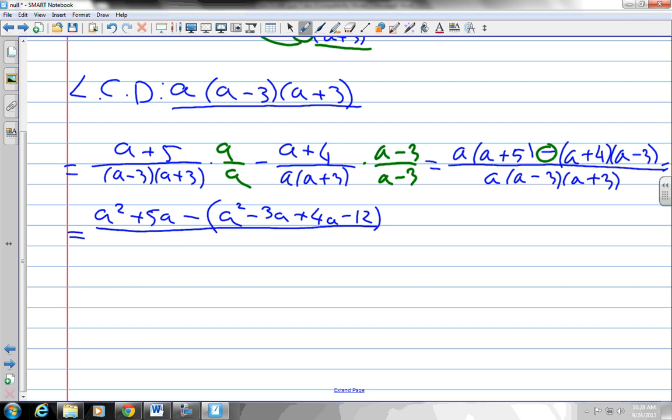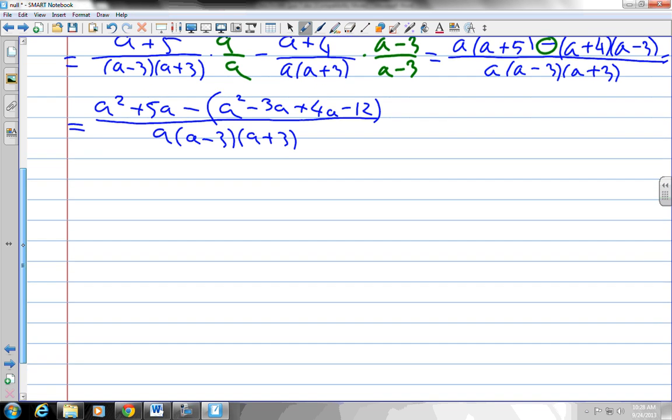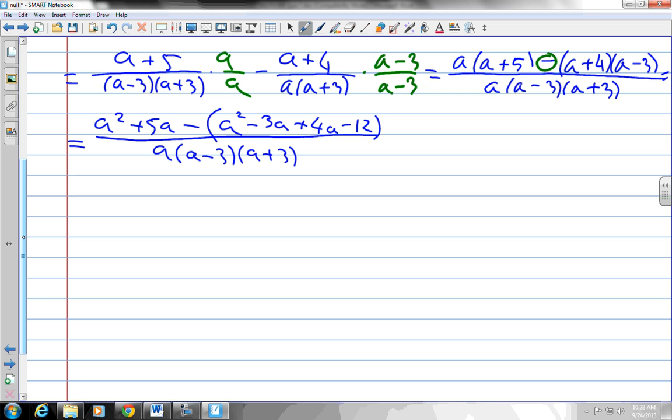All over, just copy the denominator without putting any thought to it. But keep it factored. Keep your denominator factored because you want to try to reduce it later. So all I did is distribute a and FOIL. You can combine like terms first, or let's just drag the negative through.